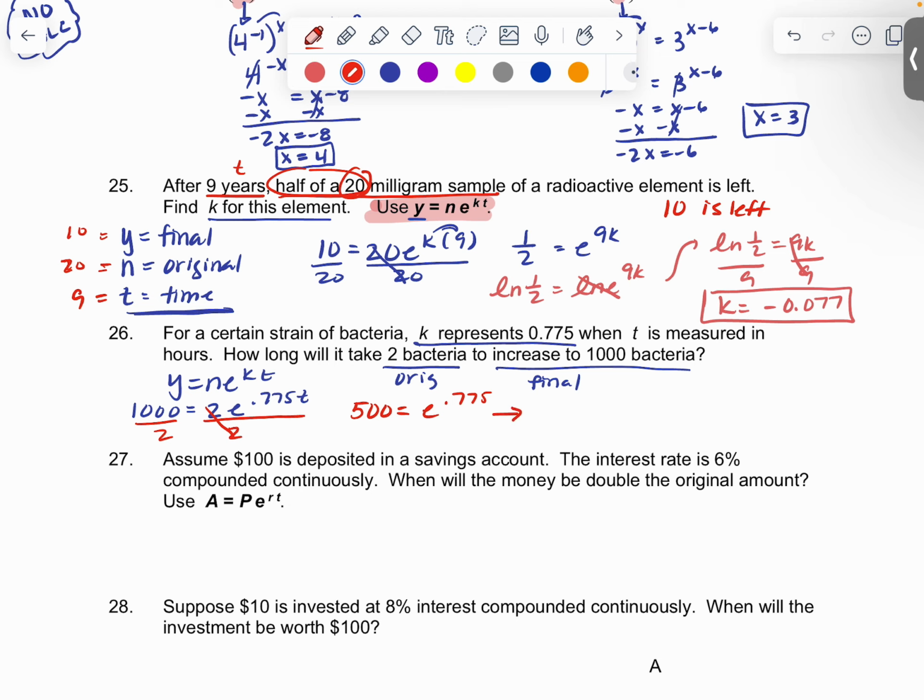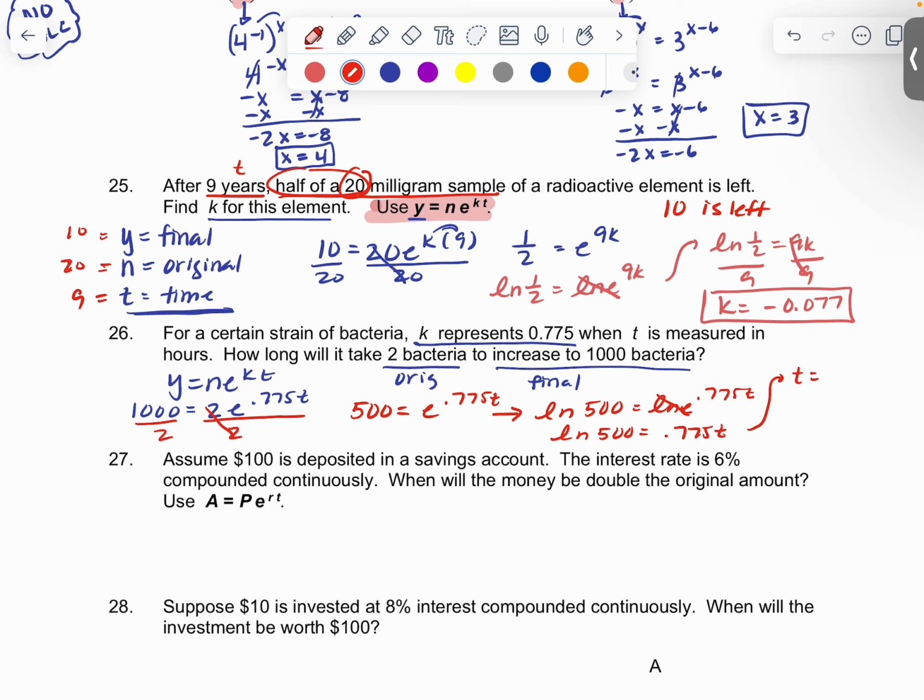And then to get rid of an e, we're going to ln both sides. So I'm going to have ln of 500 equals ln, I forgot my t, sorry, ln of e to the 0.775 t. Again, the ln and the e cancel out, so I have ln of 500 equals 0.775 t. And then to solve for t, all I have to do is divide by that 0.775.